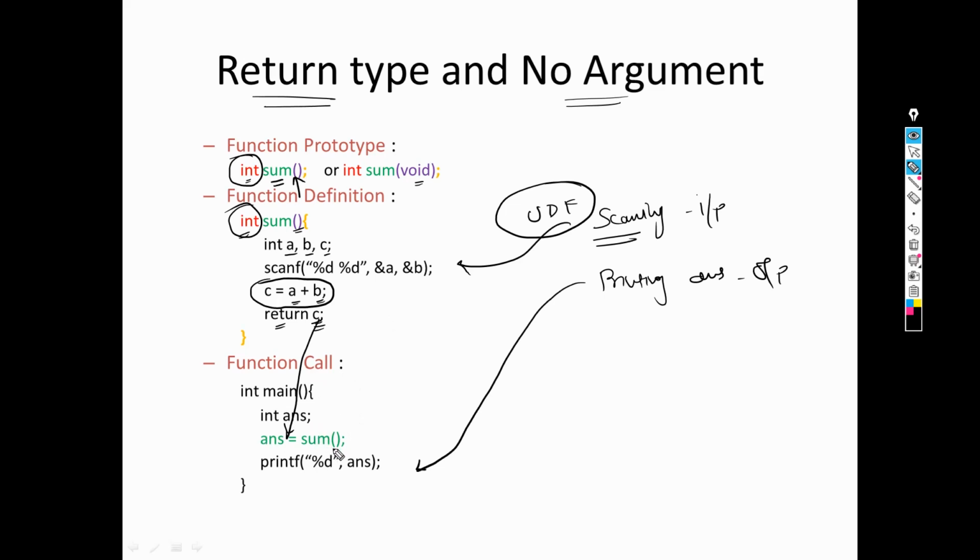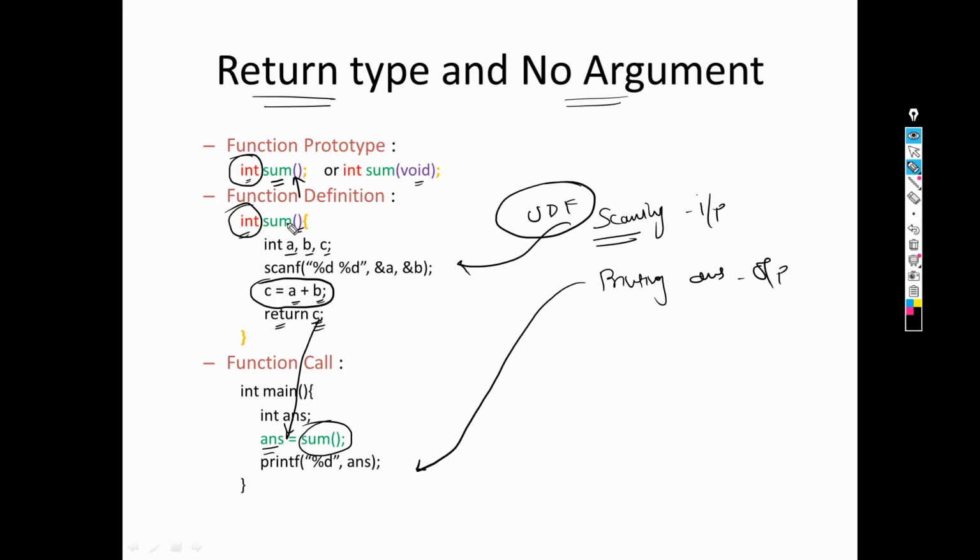Okay. So function call, you just look at. This is the name of the function. Now argument we have not written anything. Why? Because it is no argument. Okay. So we are not giving any argument. So sum into bracket. But since this function is returning something, we have declared one variable of the same type. This is of integer type. Why integer? Because the return type of this function is integer.